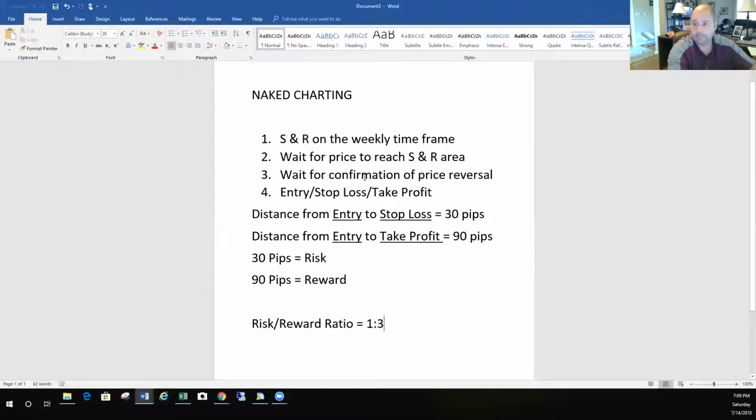So the Renko candles is only one. There are a number of different ways and techniques you can use for a confirmation that price has turned around and is going the other way. At that point, make sure before you get in that you are evaluating your entry, your stop loss, and your take profit, so you have at least a 1 to 3 risk reward ratio or better.